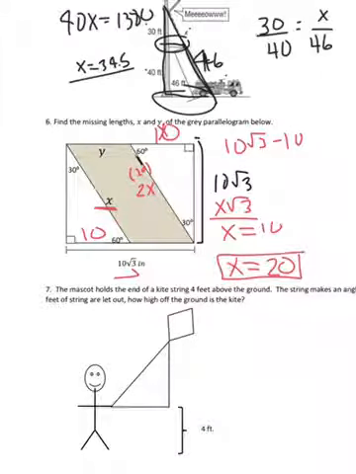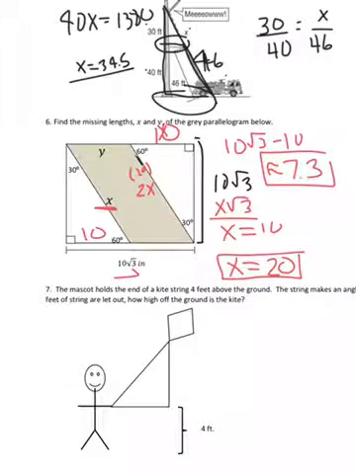And on the calculator, you'll get a decimal answer more than likely. 10 square root of 3 minus 10, which is approximately 7.3. Because if you multiply 10 times the square root of 3, you get about 17.3, which makes sense with what we're doing here. Okay? So not a difficult problem, and again, you're also going to have multiple choice answers for stuff like this, so we'll have to see how that works out.